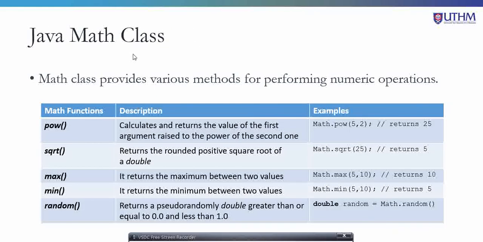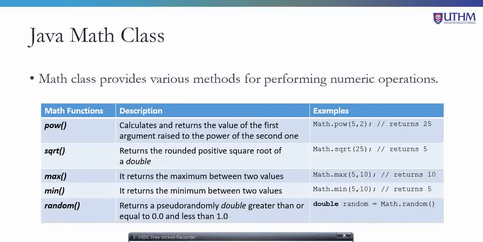Java math class. Math class provides various methods for performing numeric operations. So same as C, we have several predefined functions that we can use to perform certain mathematical functions. For example, POW stands for power.